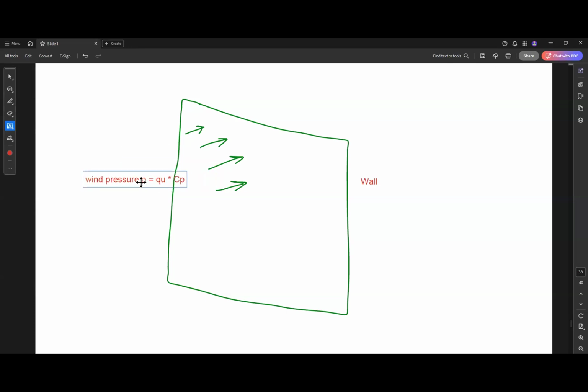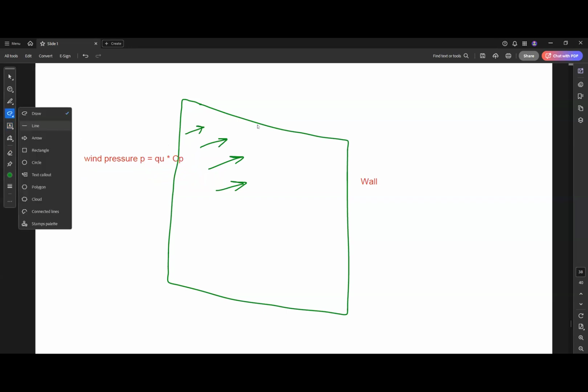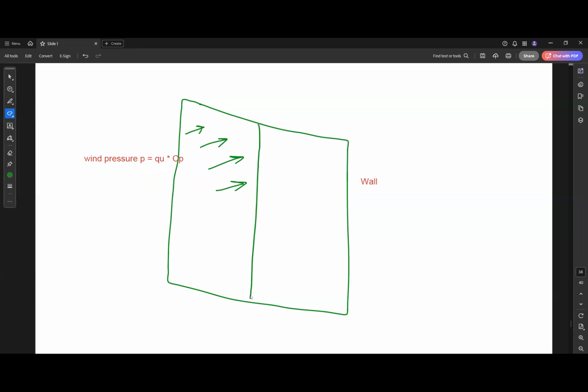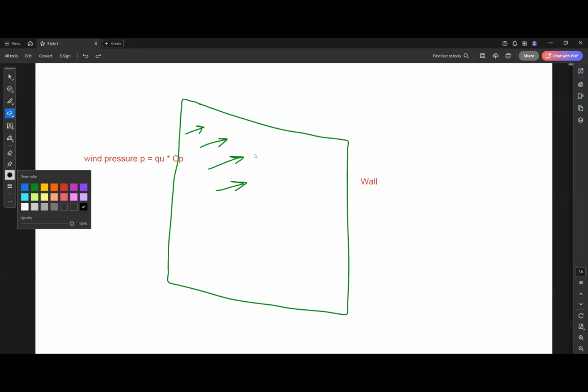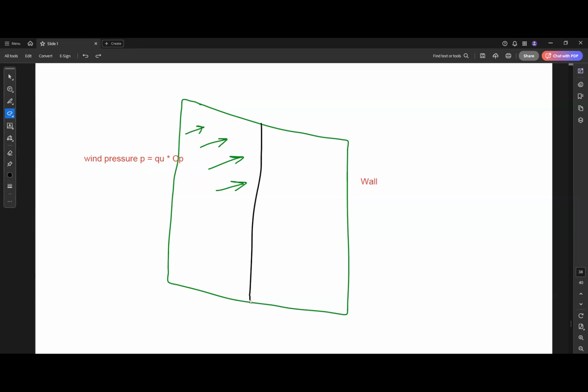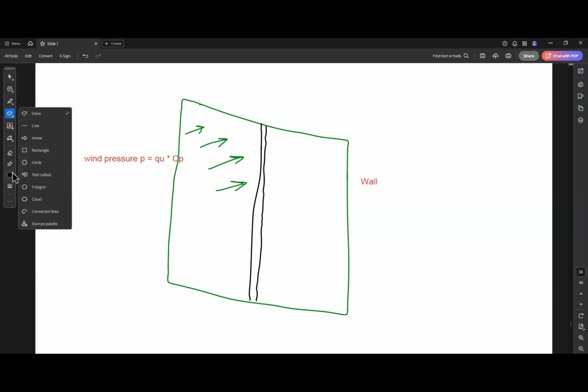Okay, so after we found this wind pressure already from the previous step, we need to convert this to a column. So if we have one column here, in a different color, this column here in black, what we need to do is convert this pressure to this column.